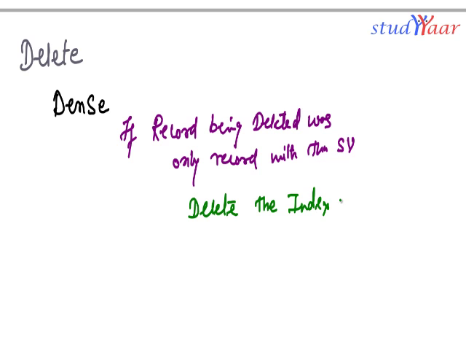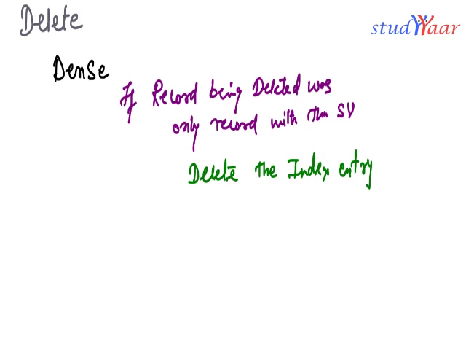Okay, we delete the index entry and we also delete the record. I won't write it again because that is very obvious.